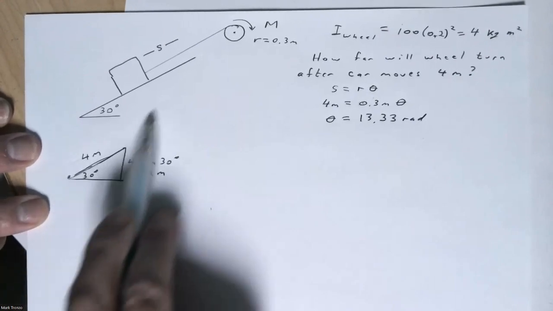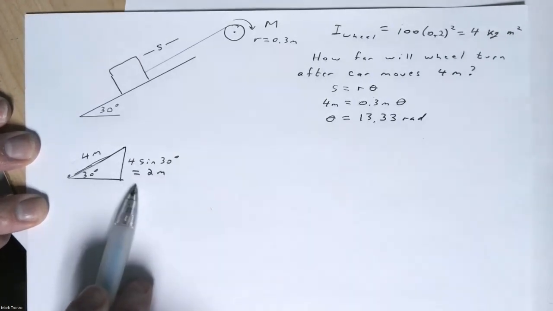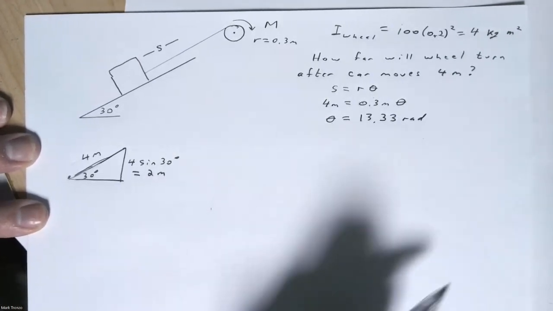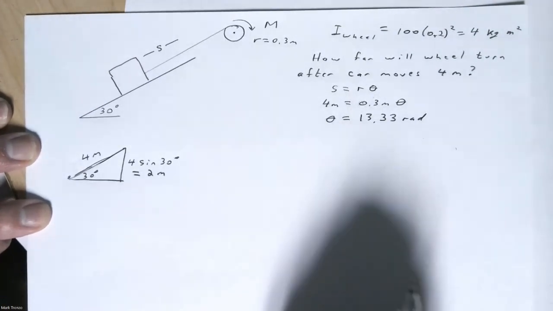So when the car has moved up 4 meters along this incline, it's moving up vertically 2 meters. And I think that's probably it.